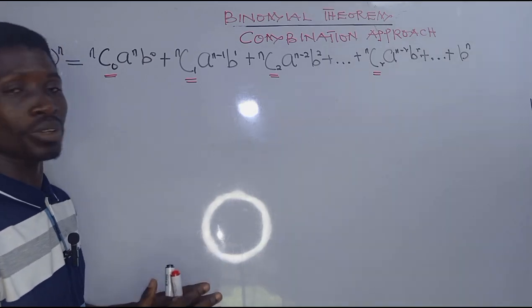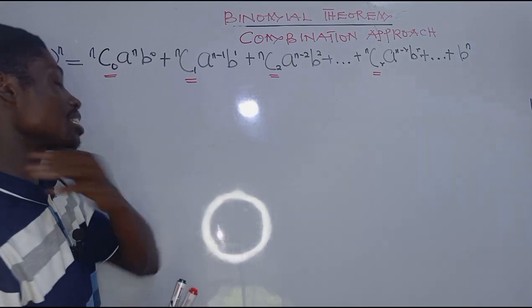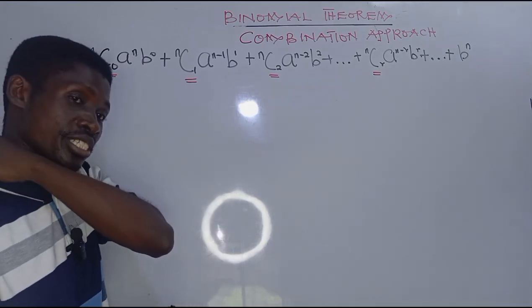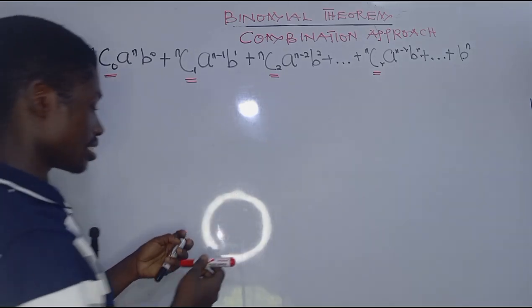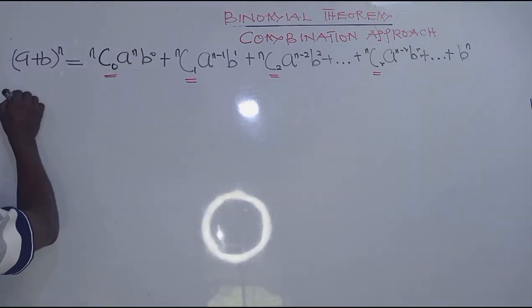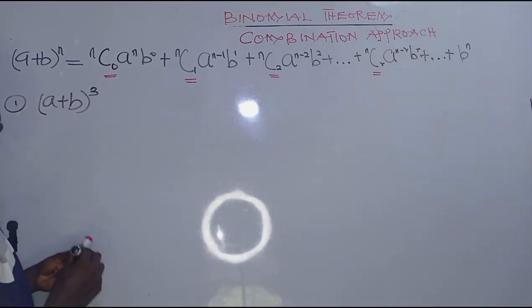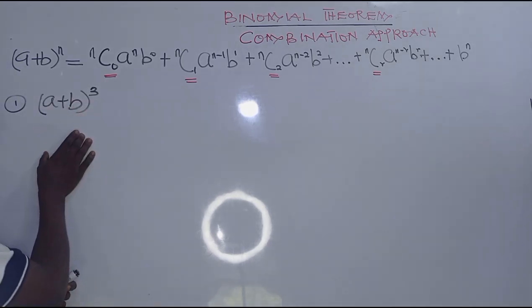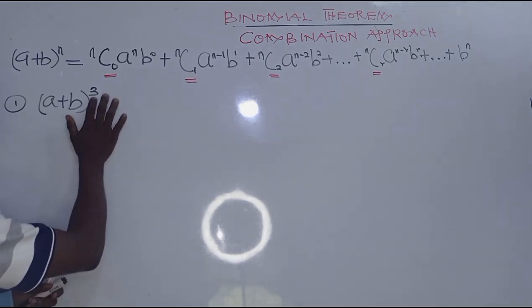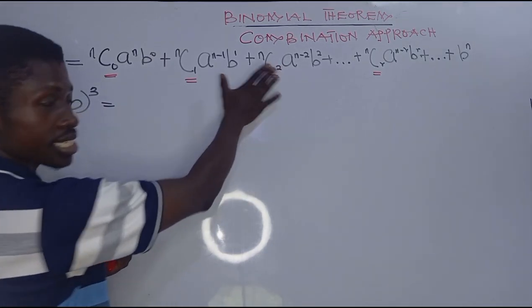So let's take examples and see how best we can apply this formula to expand a binomial expression. So let's take our first example. So we want to expand this binomial expression with a power of 3. We are going to expand that using the combination approach using this formula.